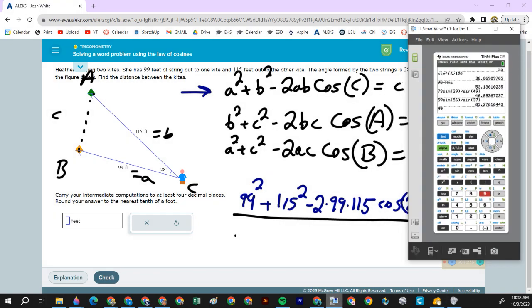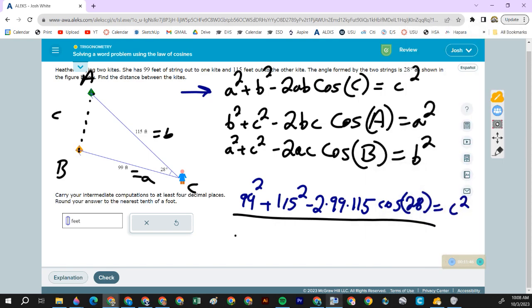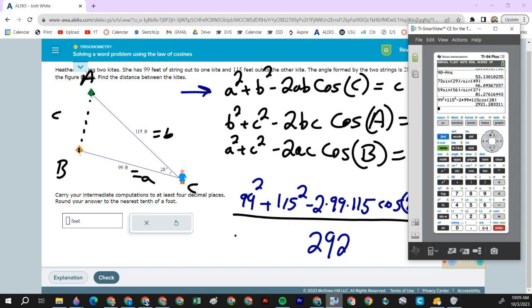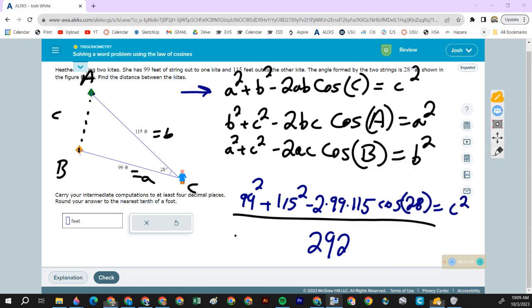So 99 squared plus 115 squared minus 2 times 99 times 115 times the cosine of 28. And I get 2,921.28.